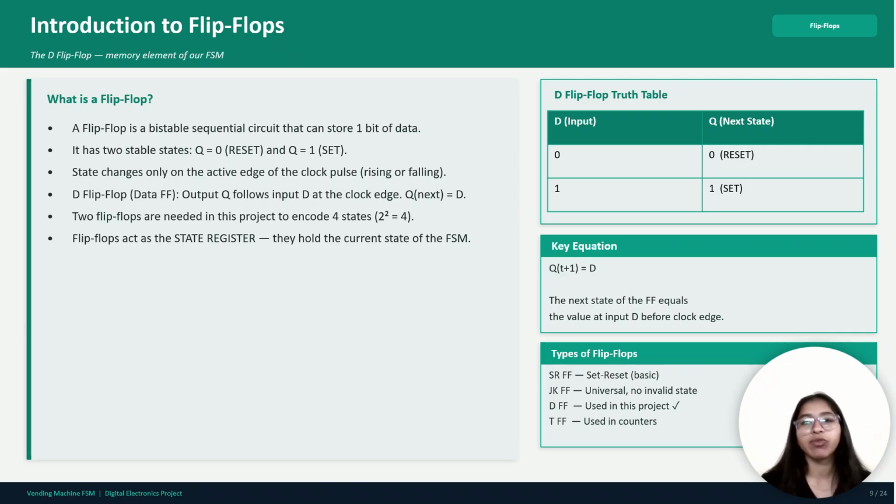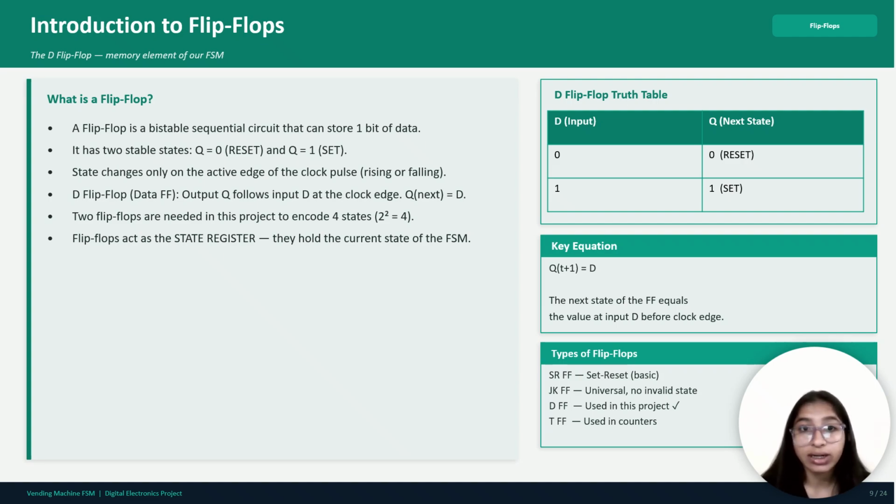This makes the flip-flop synchronous, which is essential for predictable, glitch-free operation. In this project, we specifically use the D flip-flop, also called the data flip-flop. Its behavior is beautifully simple. On every rising clock edge, the output Q takes the value of input D.